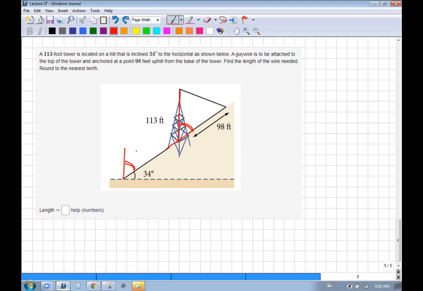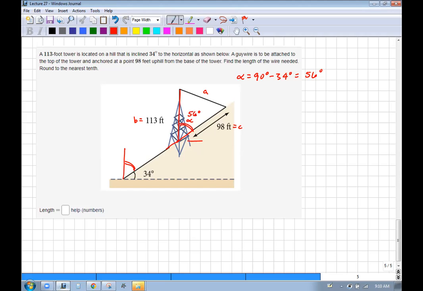So if I call this alpha, this B, this C, and this side A, alpha is 90 minus 34, which is 56 degrees.